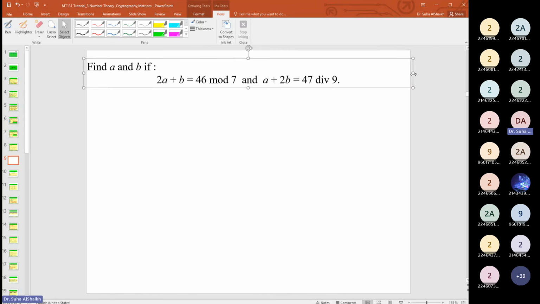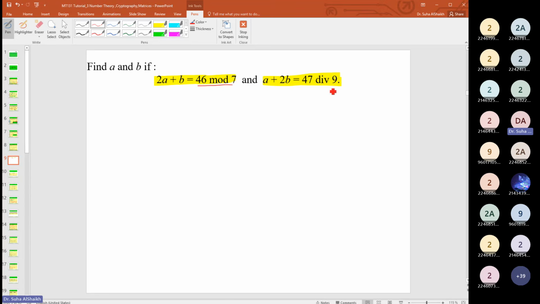You can see on the right-hand side of each equation mod here and div here. I'm going to cut the solution into two parts: the first part I solve this part, and the second part I solve this part here.